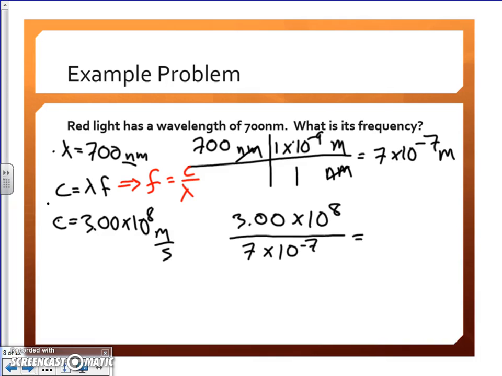Plug it into your calculator. Don't forget how to type scientific notation in your calculator. Use that EE button and divide by 7, EE, negative 7. I get, going to sig figs here, 3 sig figs, so 4.29 times 10 to the 14th.